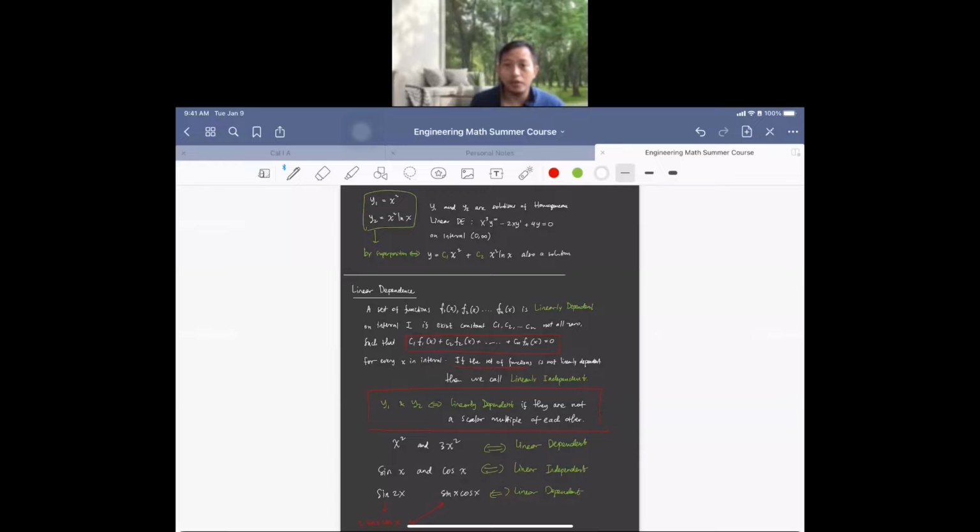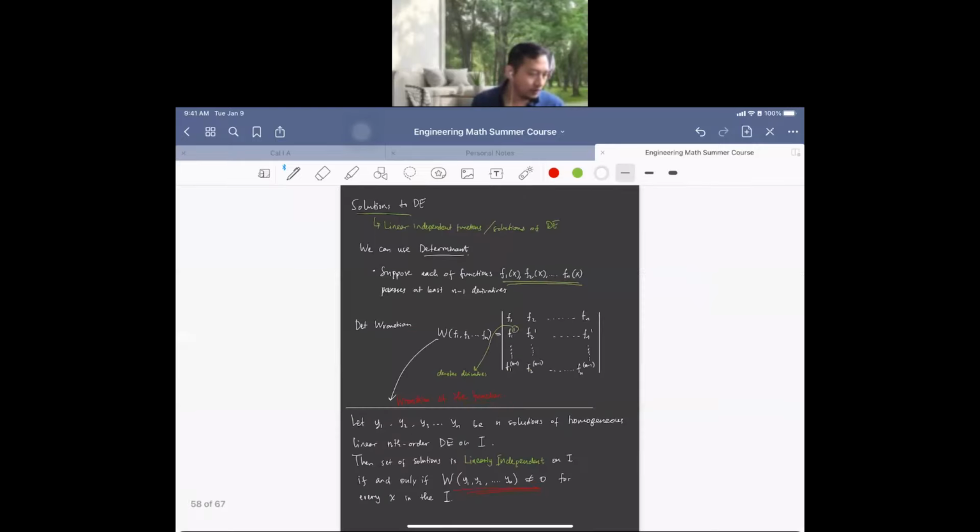Our goal is to find the solutions y1 and y2 that are linearly independent. So we are going to find the independent ones.